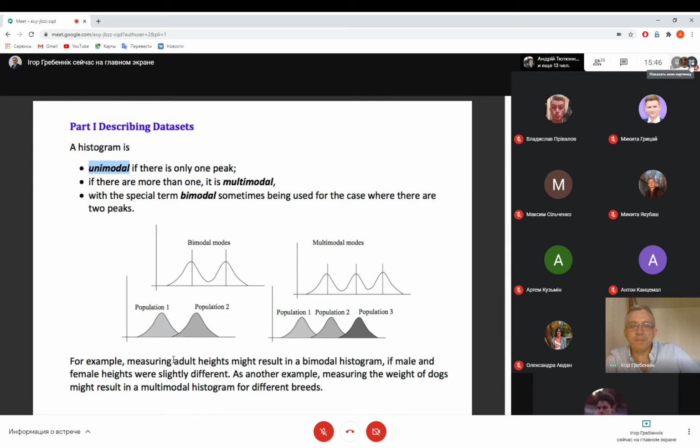If we consider measuring heights for males and females, it is understandable that heights are slightly different, and a bimodal histogram corresponds to the heights of females and males.